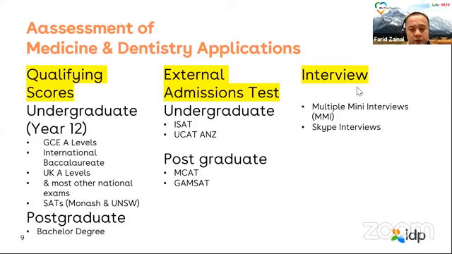The ISAT gives an indication of the cognitive abilities of students who have applied for entry into the universities. It is a 3-hour computer-based exam comprising 100 multiple choice questions, specifically designed to assess each candidate's critical reasoning and quantitative reasoning skills.